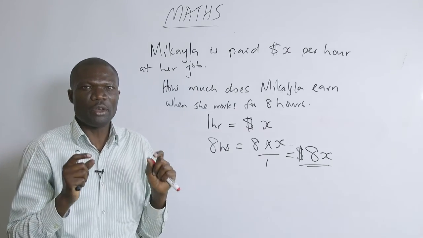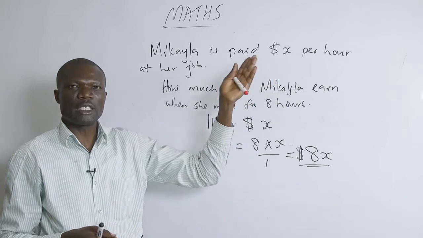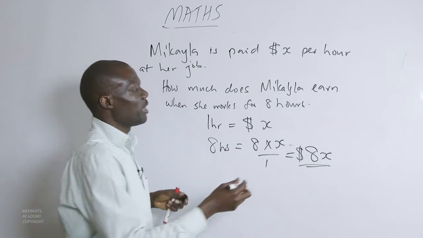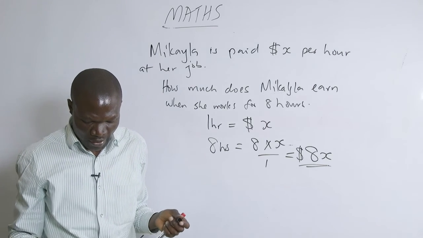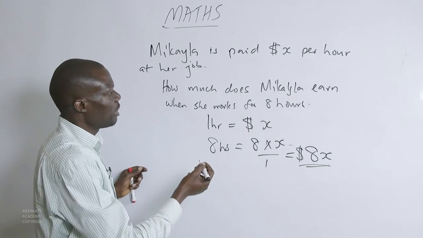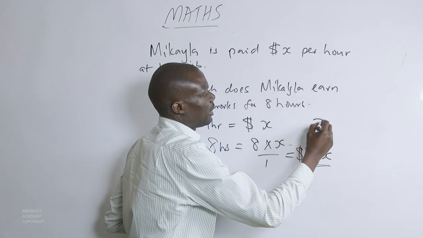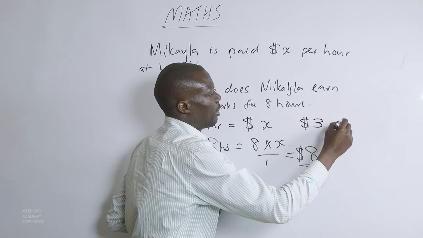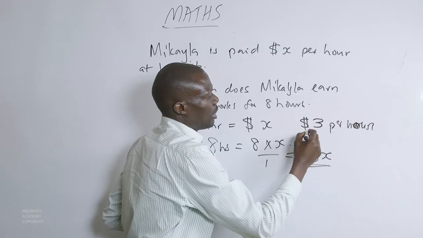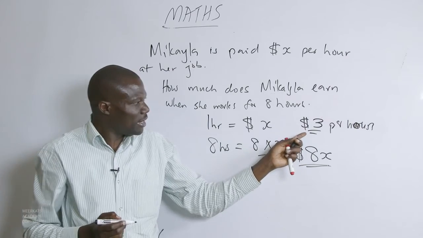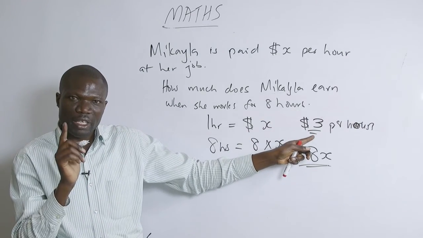And remember, a pronumeral is a letter which can represent any value. So if we had Michaela earning a certain value, for example, if we were given that x is $3 per hour, then it means that this x is equivalent to $3.